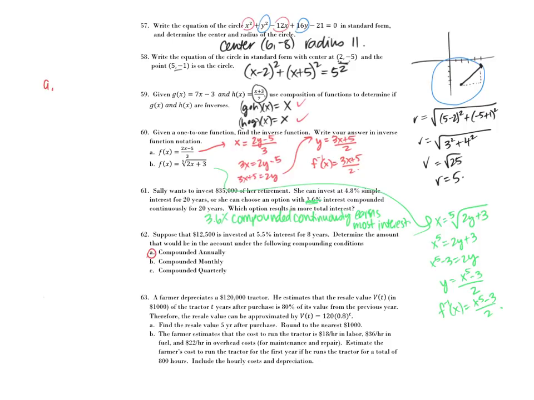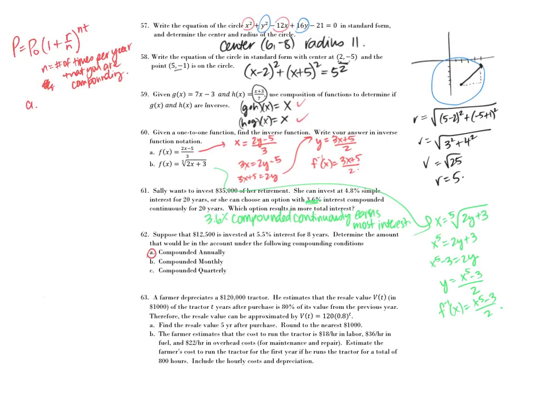Okay, so in other words, the model we're going to use is P equals P naught times (1 plus r over n) to the nt, where n is the number of times per year that you are compounding. So that's what we're going to use here.